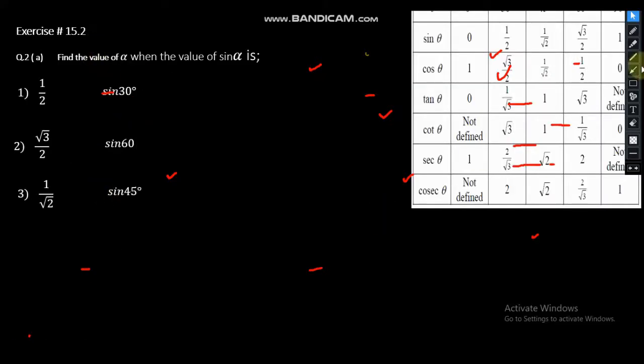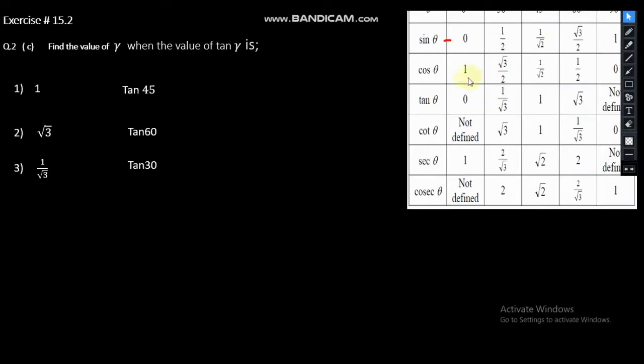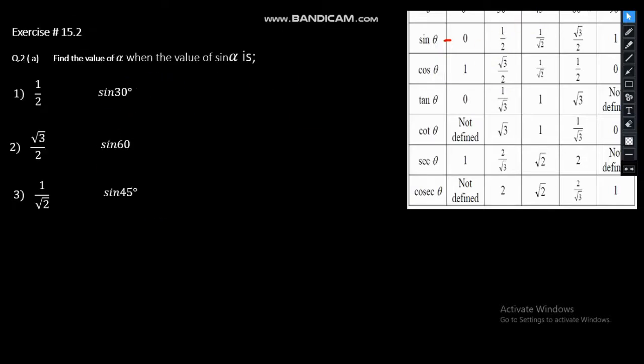15.2. Here find the value of alpha when the value of sine alpha is given. Question 1: 1 divided by 2 is equal to sine 30 degree.